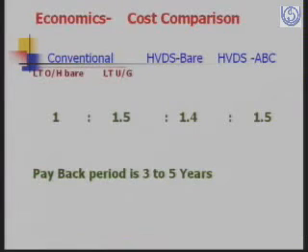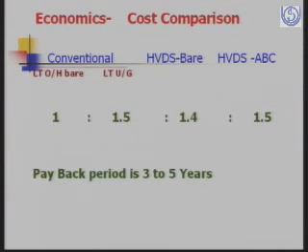So when you compare the costs of a conventional LT distribution system and a high voltage distribution system, then with the LT overhead bare and LT underground system, the cost is 1:1.5, 1 and 1.5, and for HVDS, high voltage distribution system, if the cost of LT is 1, then the cost of the HVDS overhead system is 1.4 times the cost of the LT distribution system, and the cost of HVDS with aerial bunched cable is 1.5 times, and it's comparable to LT underground.